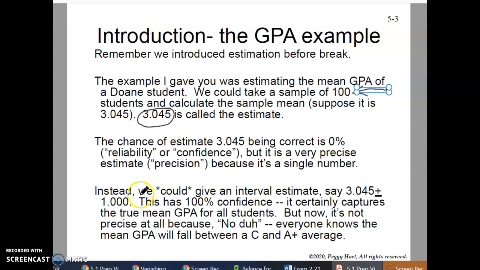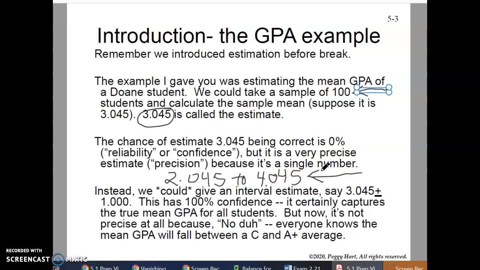On the other hand, we could give an interval estimate, something like 3.045 plus or minus 1. We're not talking about how we get the 1 right now, but notice that gives me the interval 2.045 to 4.045 when I do the plus and minus. I think you would agree that's not a very interesting estimate.